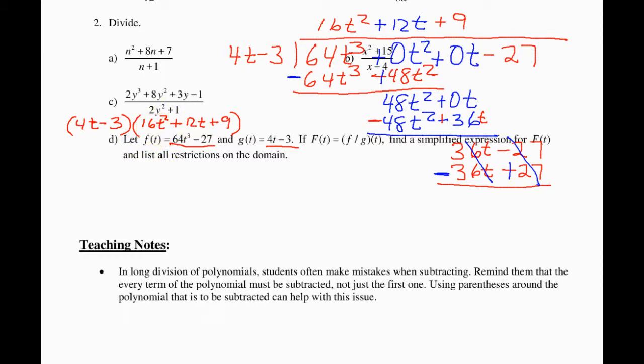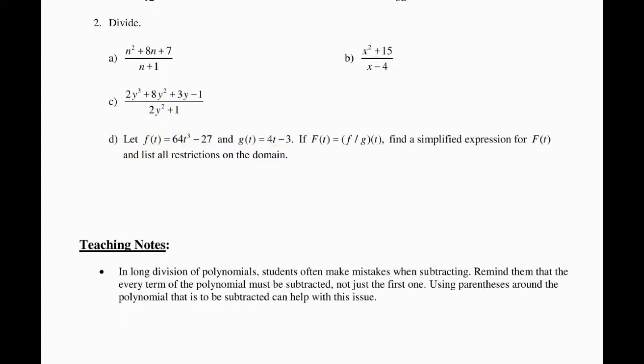Now they do ask us for one other thing. What are the restrictions of the domain? Well, in doing our domain here, this is what our denominator would have been. We're dividing this by this. So we equate the denominator to 0.